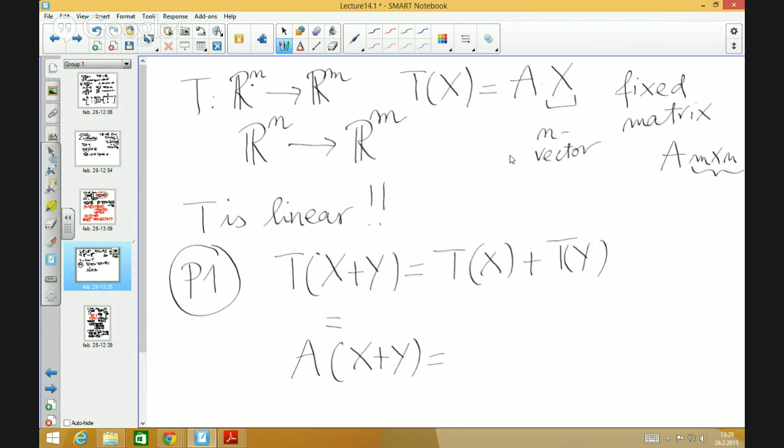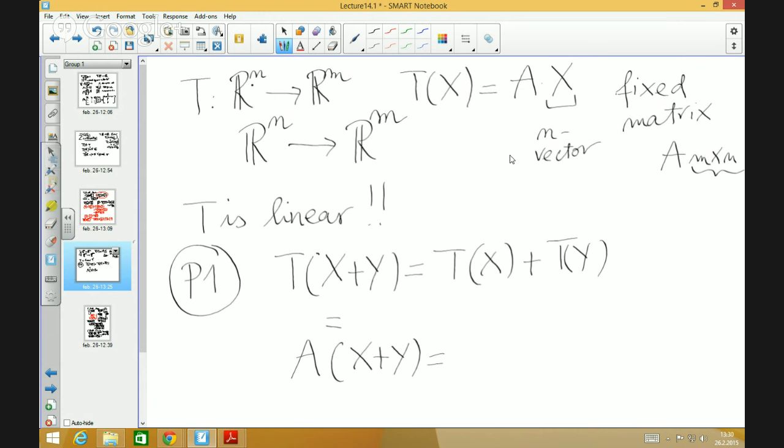But what is this equal to? Now, if these were numbers, how would you simplify this expression? And in fact, the property that you're going to use to simplify this expression also works for matrices. Absolutely.